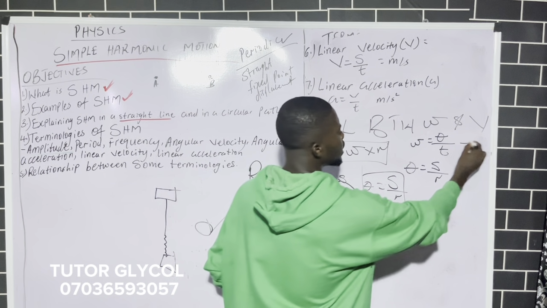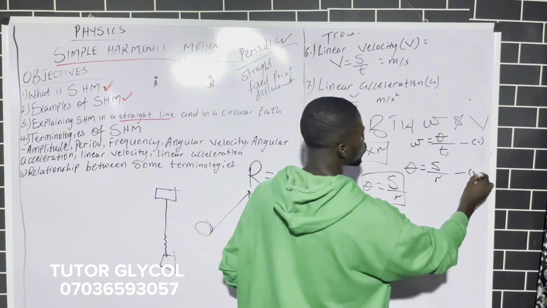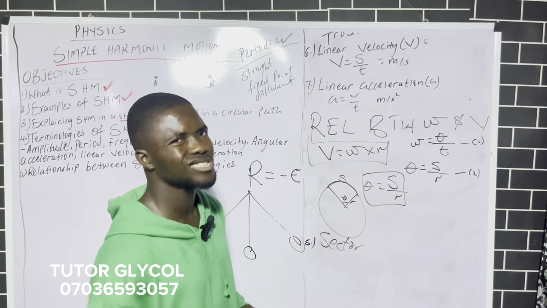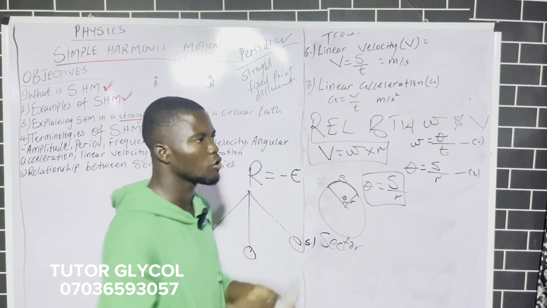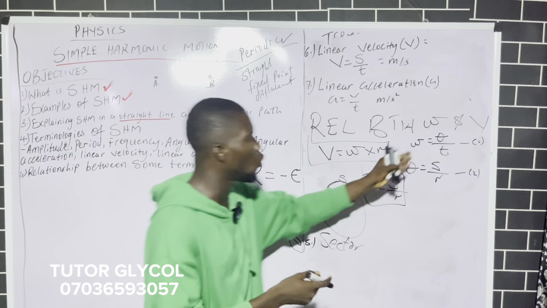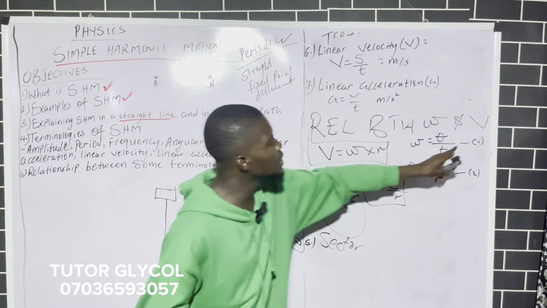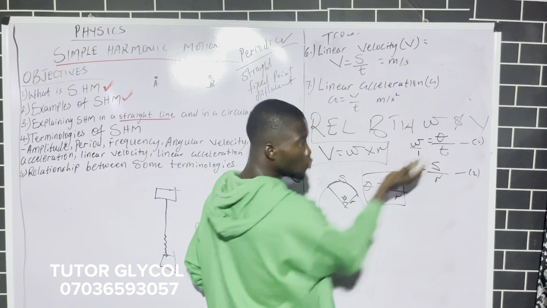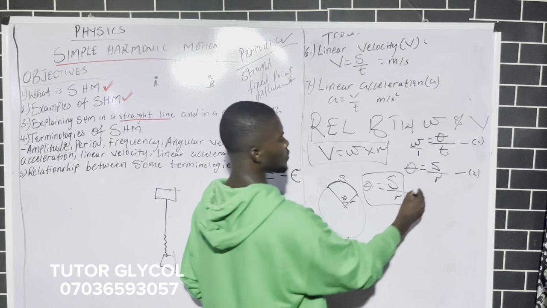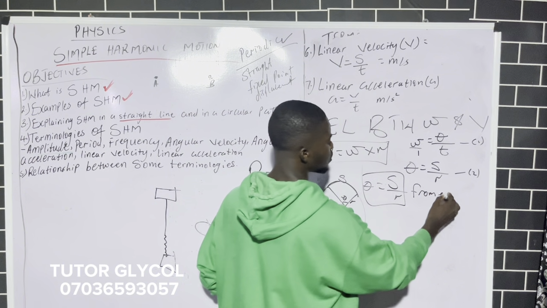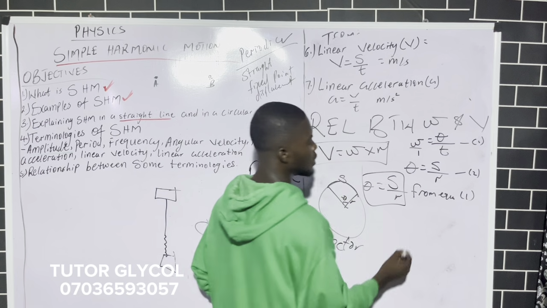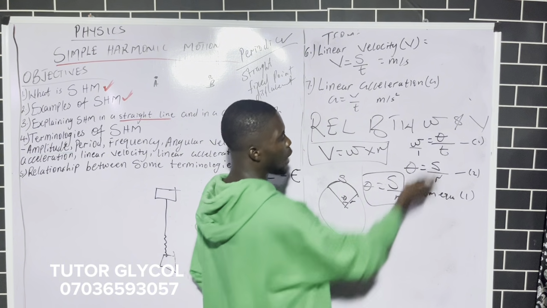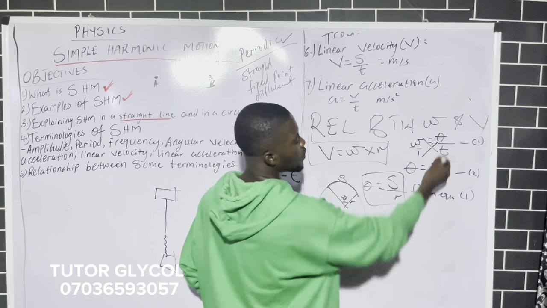I call this one equation 1, I call this one equation 2. You know that there's what we call simultaneous equation in mathematics, where you solve two equations together by looking at what is here and what is here. So from equation 1, I make theta the subject of the formula. I will cross multiply. What will I have?